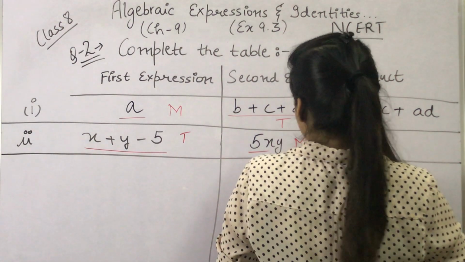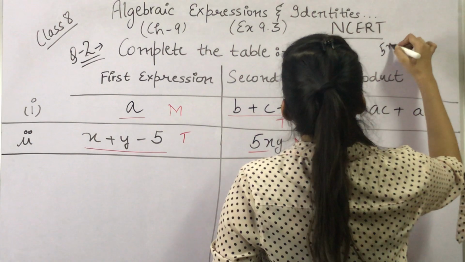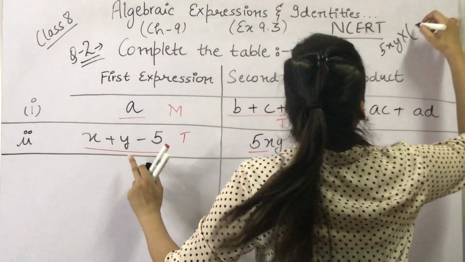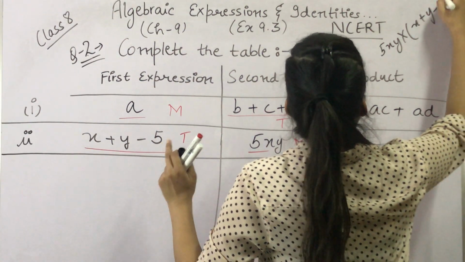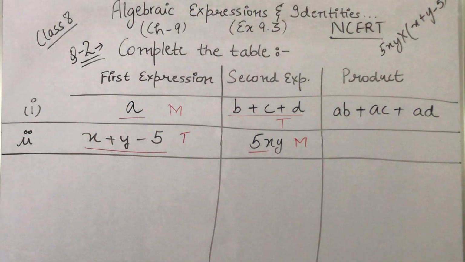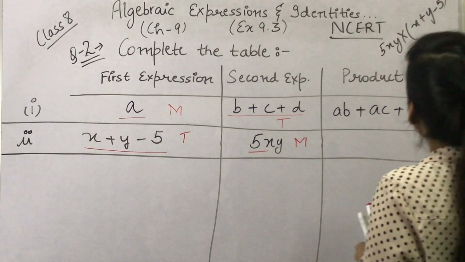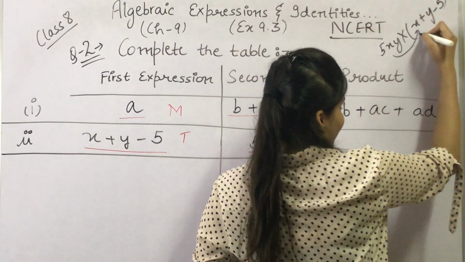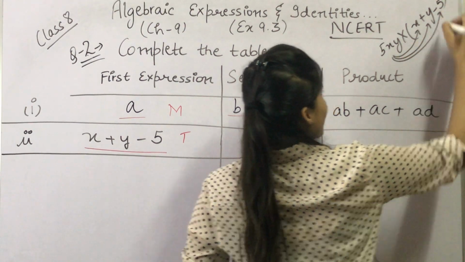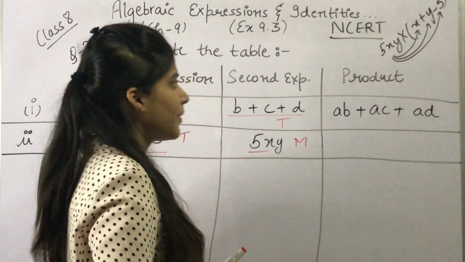So this would be 5xy multiplied by x plus y minus 5, right? So 5xy into x, then 5xy into y, then 5xy into 5. यही करना पड़ेगा हमें.